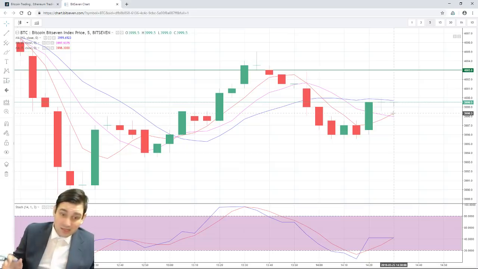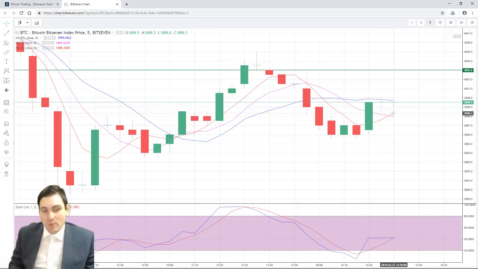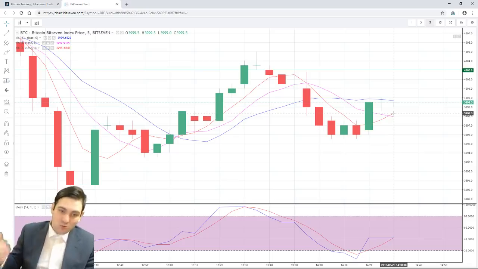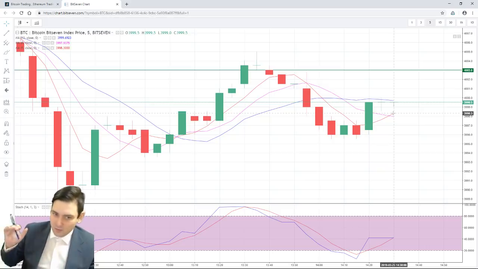In 2015, institutions went away, and we wait for them to come back. So they will come back, and the price will go significantly higher. It will not go to 20,000, but it will go very significantly, much more than it is now.